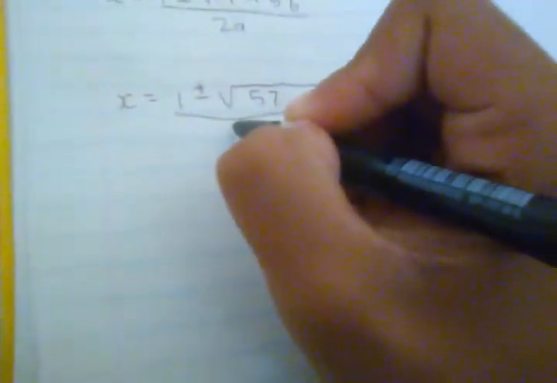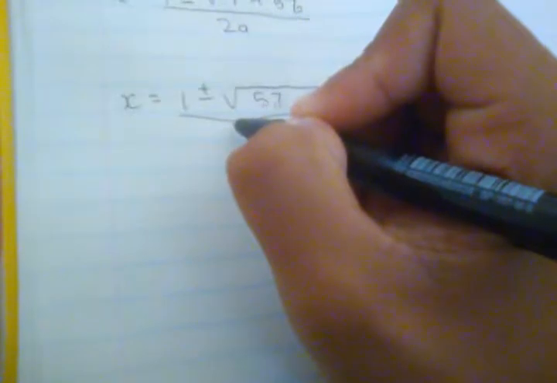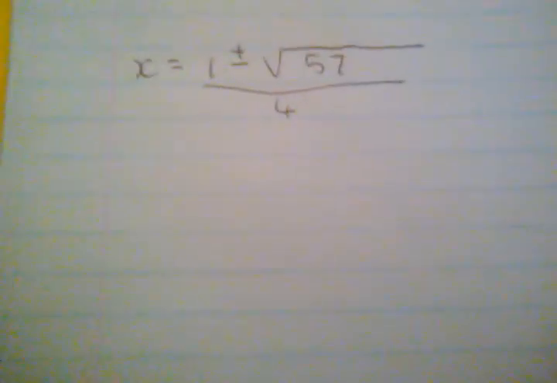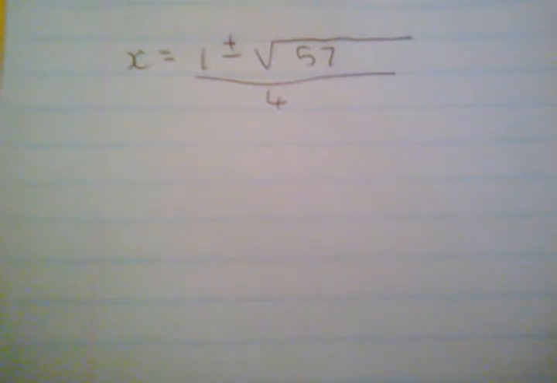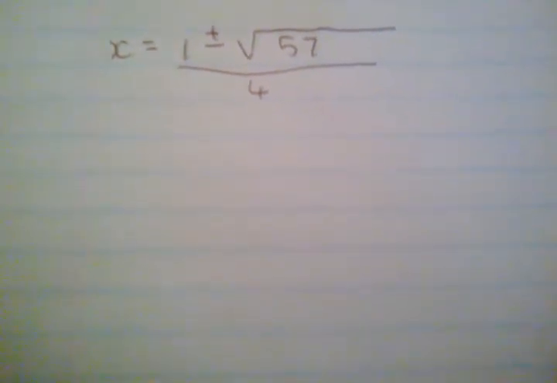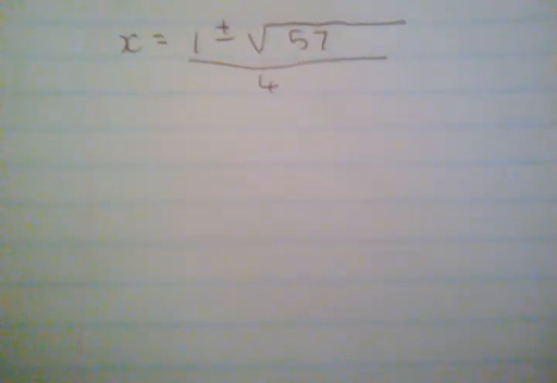And then we will write it as x is equal to 1 plus or minus the square root of 57, because 1 plus 56 is 57, all over 2 times a, which is 4, all over 4. So as you can see, we cannot simplify it any further. The square root of 57, well, we can leave it as the square root of 57.